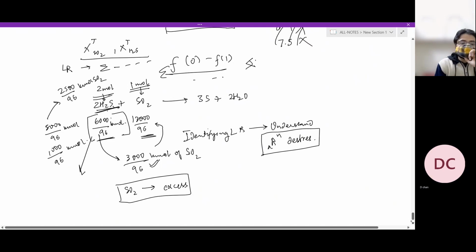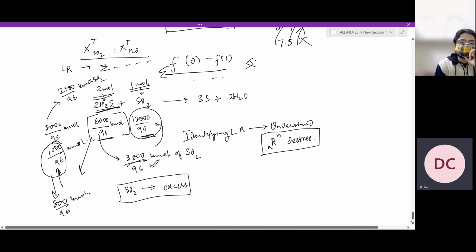So as soon as these 1,000/96 kilomoles of hydrogen sulfide have reacted, this would imply an additional 500/96 kilomoles of sulfur dioxide, right? But still, you've got plenty. You can react 3,000 or 4,000, 5,000, 10,000, anything, but you've still got an excess, right?